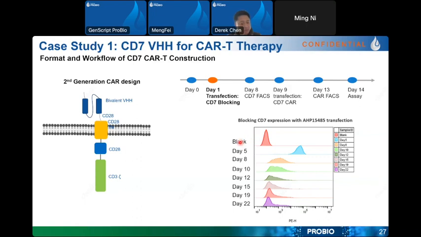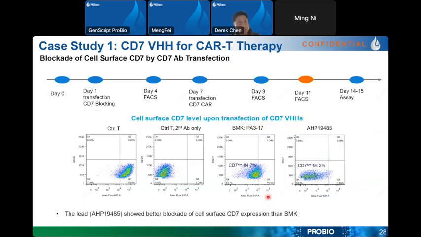The CD7 cell surface expression level was closely monitored after the CAR T transfection. It reaches the peak on day 5 and gradually comes down to background levels post the transfection.